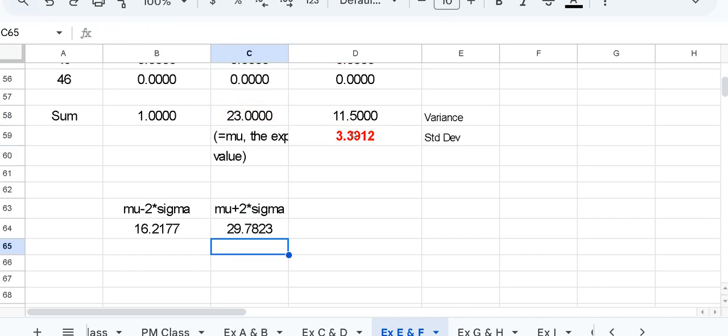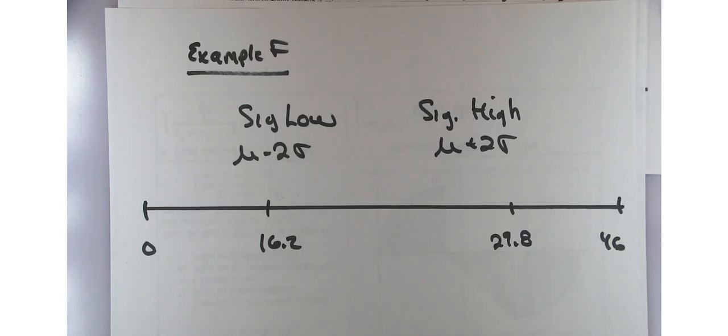Again, I'm not clicking and dragging everywhere, so it's okay to do it this way. And I get a couple values: 16.2 and 29.8. So those are the values that separate my significantly high and significantly low from everything else.